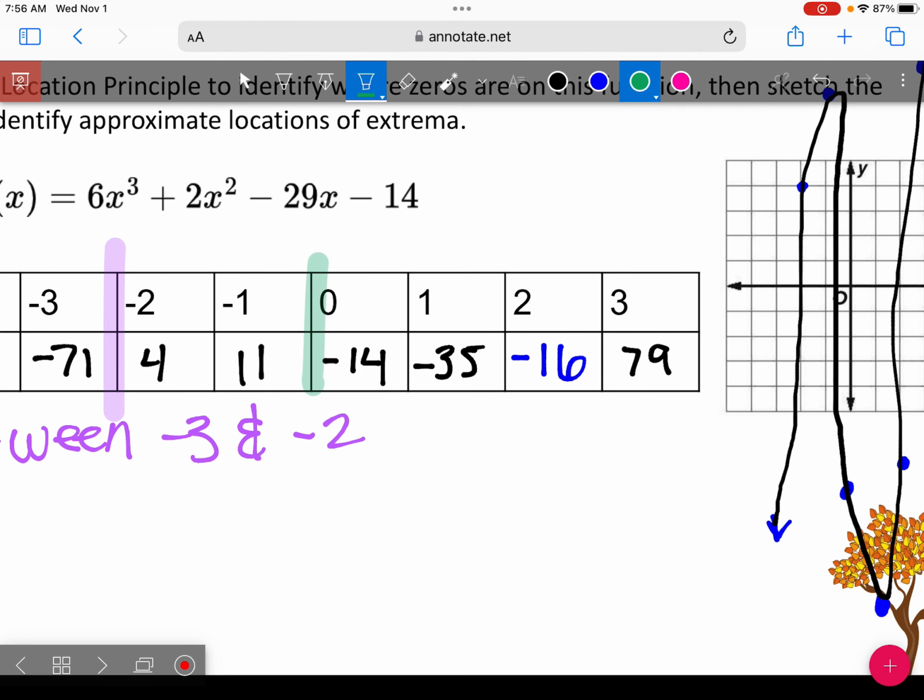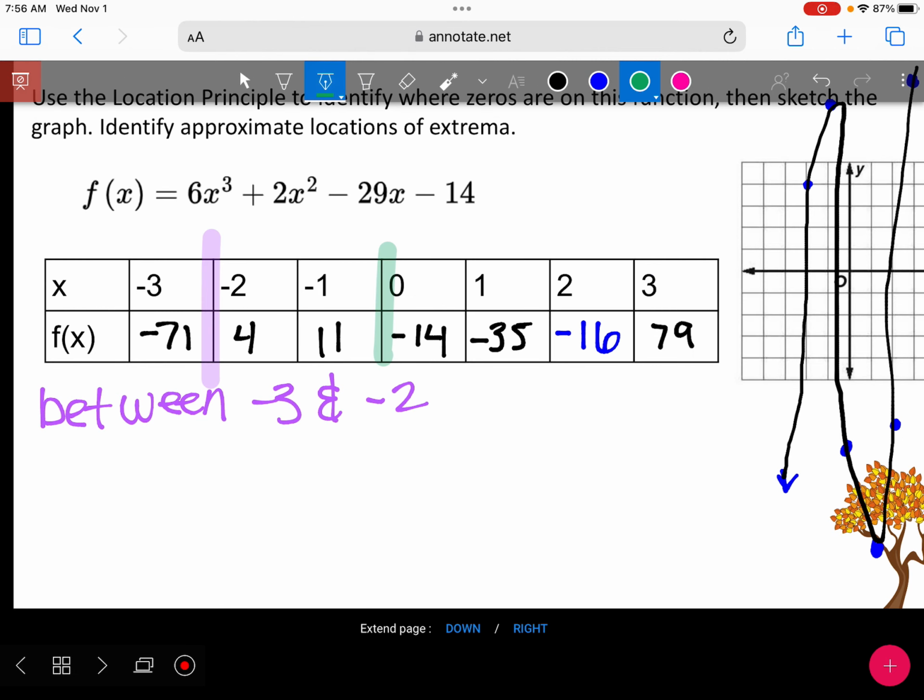Between -1 and 0. And we have one more sign change here. Between 2 and 3. So our solutions, roots, zeros, x-intercepts, are in these areas.